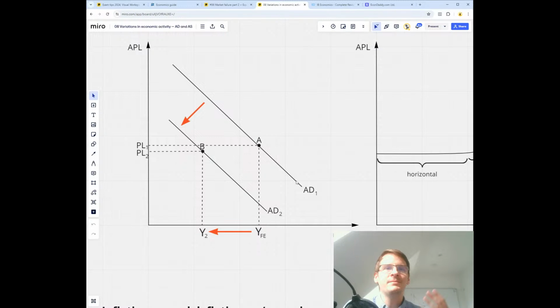These curves are theoretical models. What we can actually measure is real GDP data and average price level data, and those give us data points. Then we can understand that, okay, AD must have shifted down.